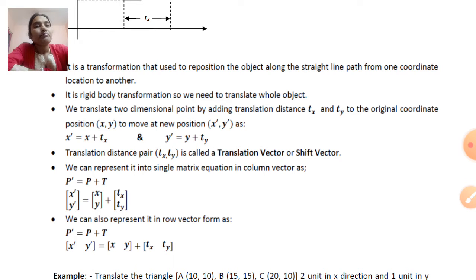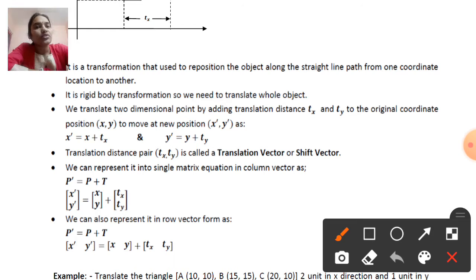So here P dash is equal to P plus T. P dash means x dash y dash, P means xy coordinate position, T means tx ty. That means x dash y dash equal to xy plus tx ty. Okay. It is your column vector or column matrix.